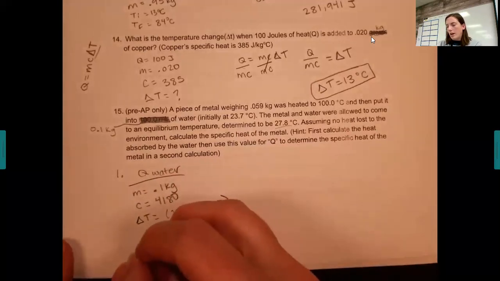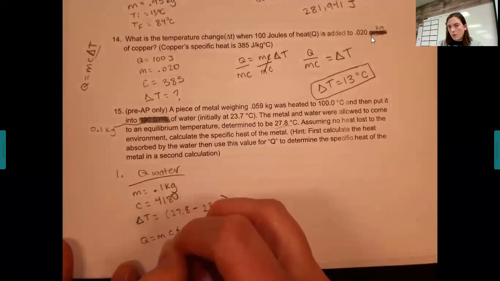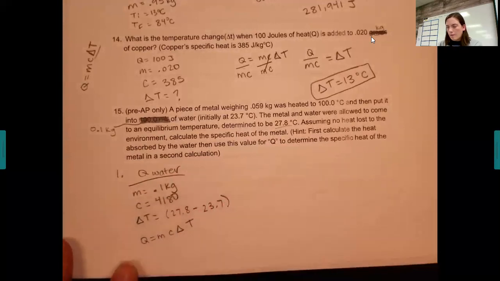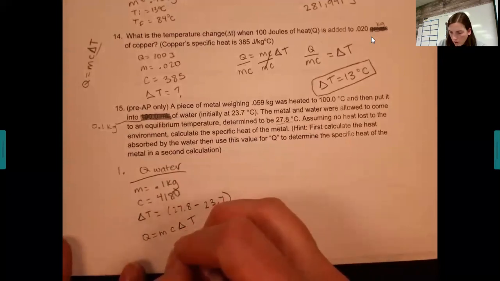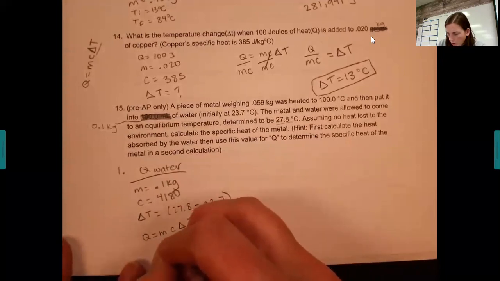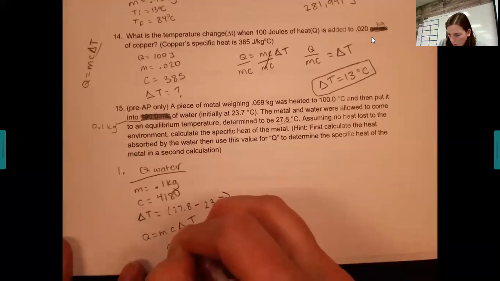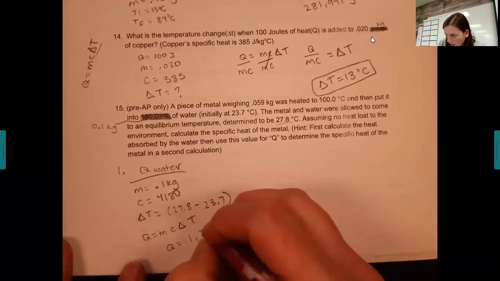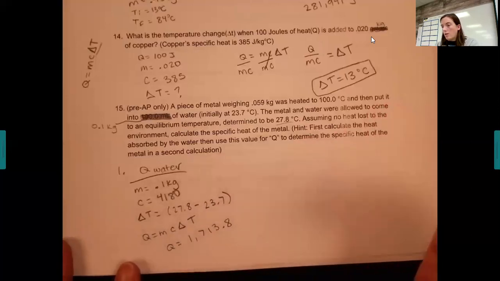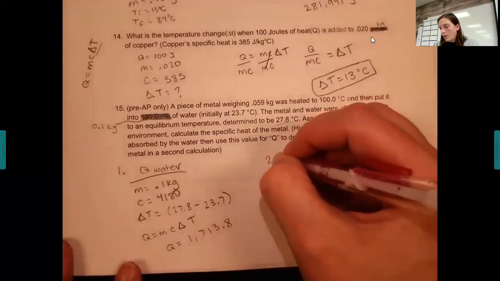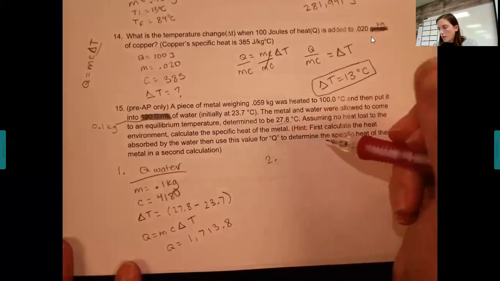Plug that into the Q equals MCAT problem. When you do that, you should get that Q is equal to 1,713.8.